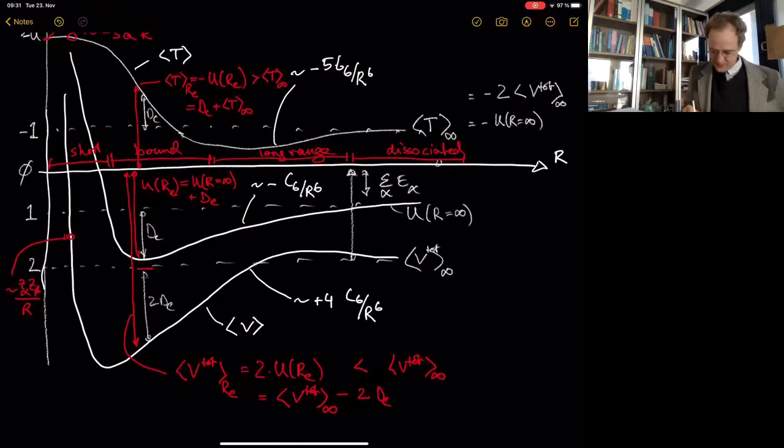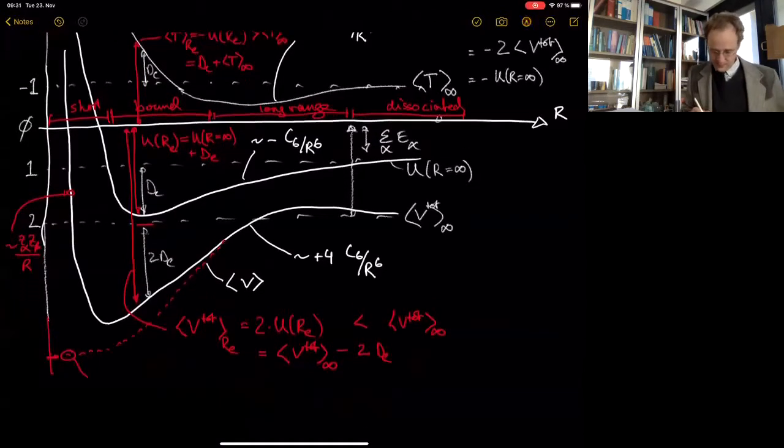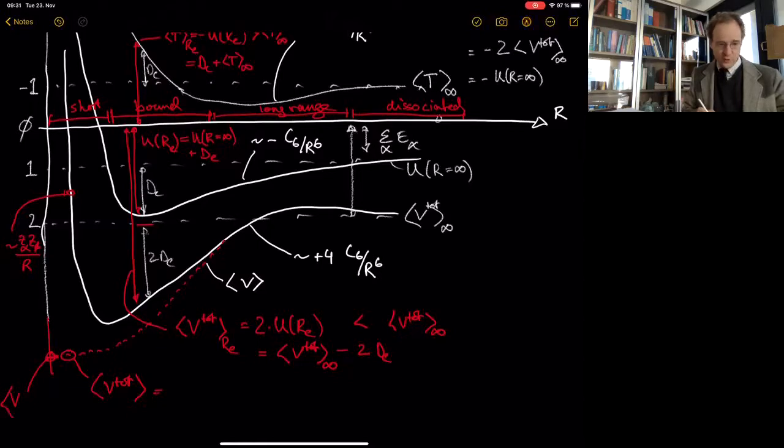But if you subtract the divergent part, you would recover the V tot, which corresponds to the V of the two nuclei fused. So this is the V of Z equals Z alpha plus Z beta. It's the united atom V.